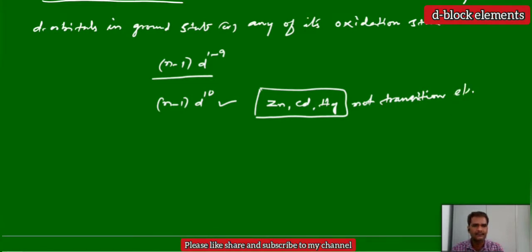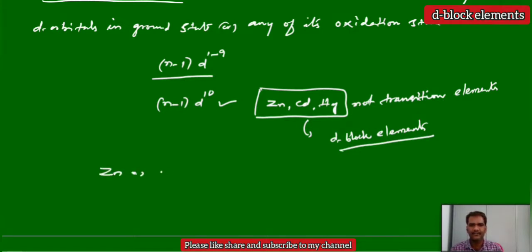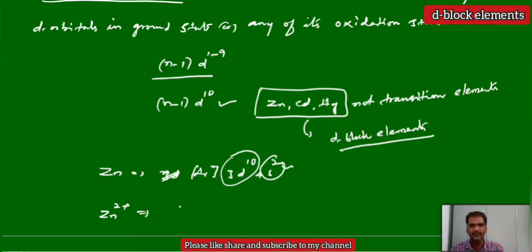So they are d-block elements only. In the case of zinc, the electronic configuration is argon 3d10 4s2, which means the d orbital is completely filled. The most common oxidation state of zinc is +2. In the +2 state, the two s electrons are removed, and again the configuration is argon 3d10.